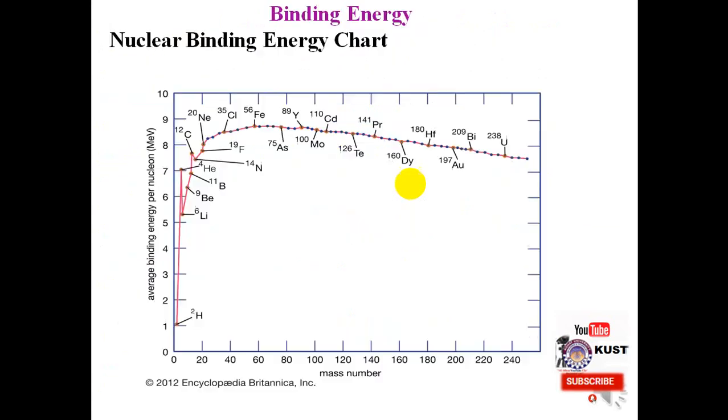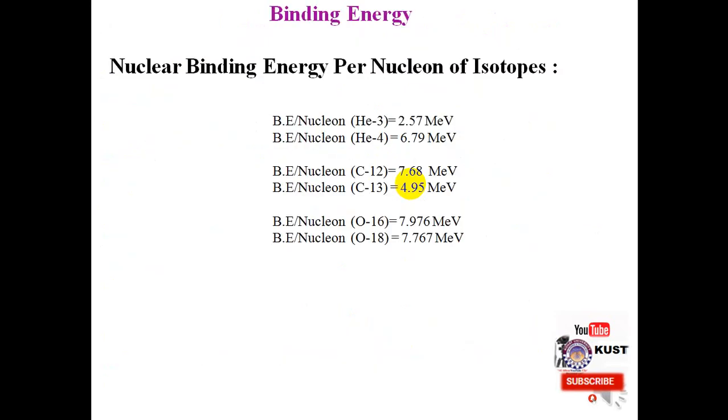You can also compare the stability, using binding energy per nucleon, of different isotopes. For example, the helium-4 binding energy per nucleon is almost 2.5 times higher than helium-3. So it means the helium-4 isotope is more stable than helium-3.